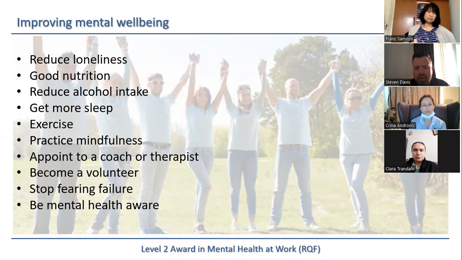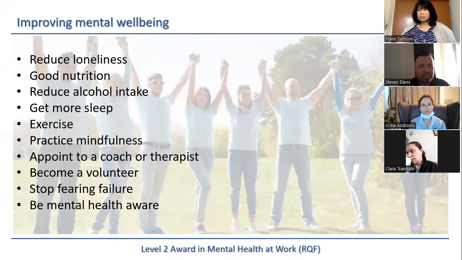So I wrote a 5-step program for sleep hygiene. So it looks at improving the way that we sleep and getting better quality sleep. Exercise, mindfulness, so distraction techniques, therapist, volunteering, stop fearing failure, and be more mental health aware. So lots of things that we can discuss with people about improving their mental health and well-being.